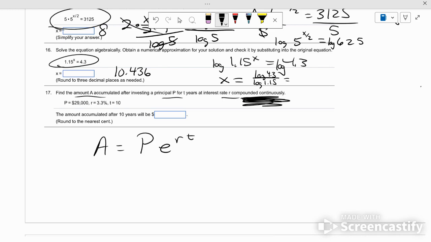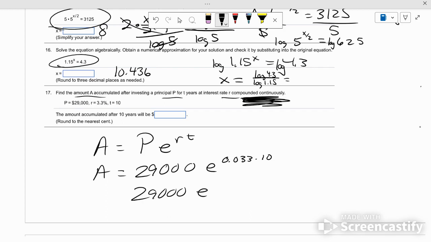You use e. So the amount in the end equals 29,000 times e to the 0.033 times 10. So it's 29,000 e to the 0.33, in other words.